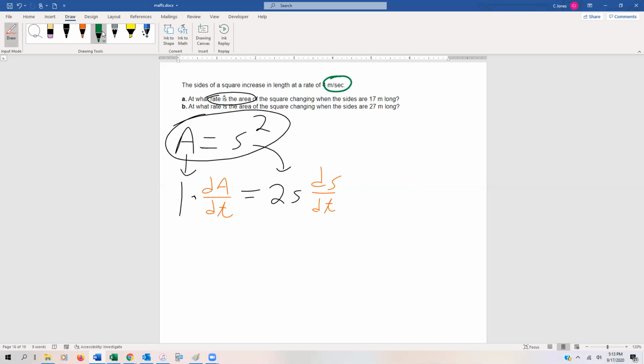Now let's go back up to the top of the problem. Right away we know that 4 meters per second is the rate at which the sides are changing, so this 4 meters is ds/dt.